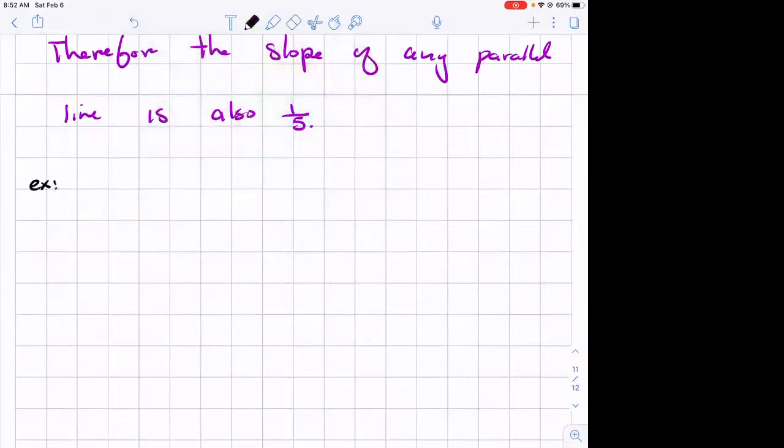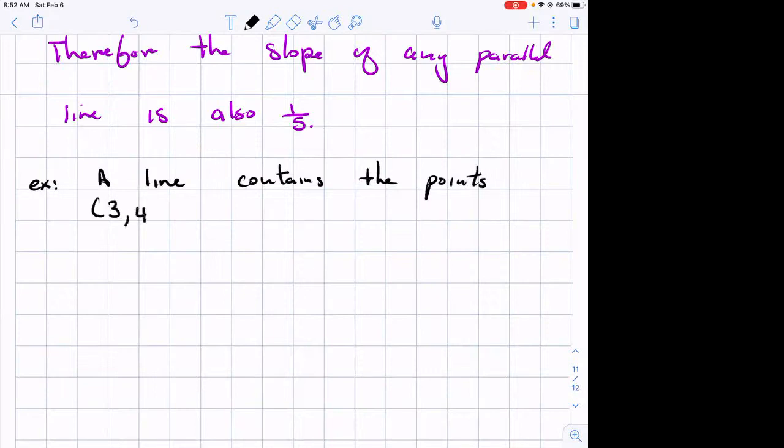Example: how about if we change that? Find the slope of a perpendicular line now. So let's say a line contains the points 3, 4 and -3, 1.